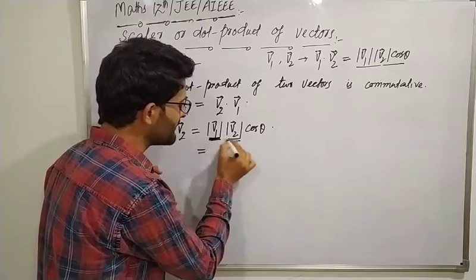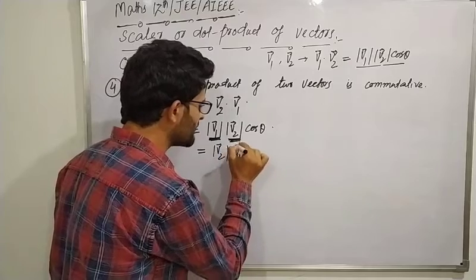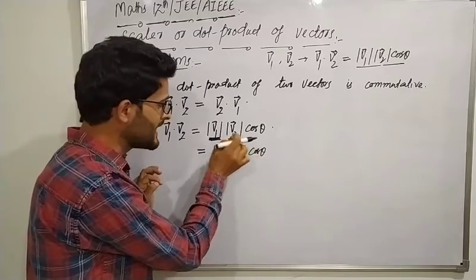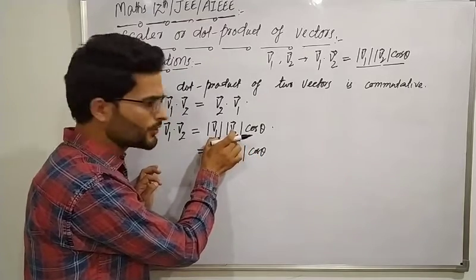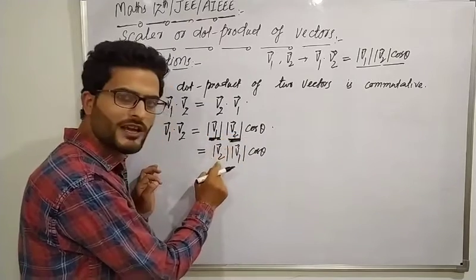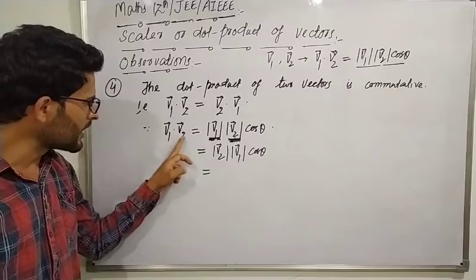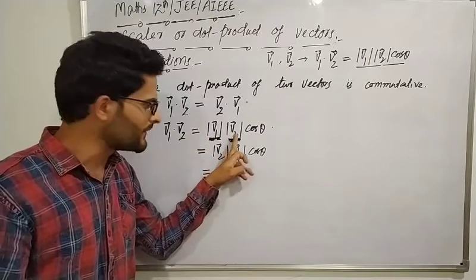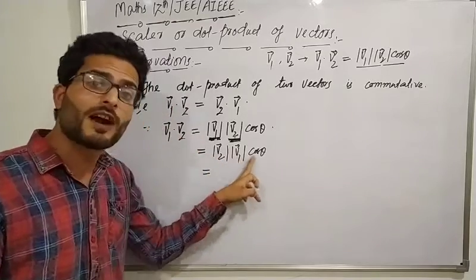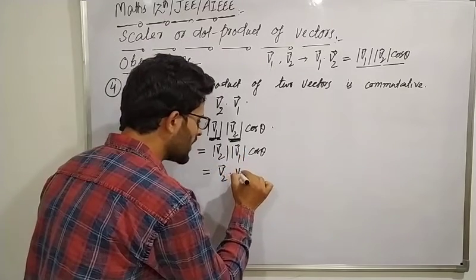So instead of magnitude of v1 into magnitude of v2, we can write magnitude of v2 into magnitude of v1 into cos theta, because they are two real numbers, and the product of two real numbers is always commutative. Now if magnitude of v1 magnitude of v2 cos theta is equal to v1 dot v2, तो magnitude of v2 magnitude of v1 cos theta किसके बराबर होगा? ऑब्वियसली v2 dot v1.